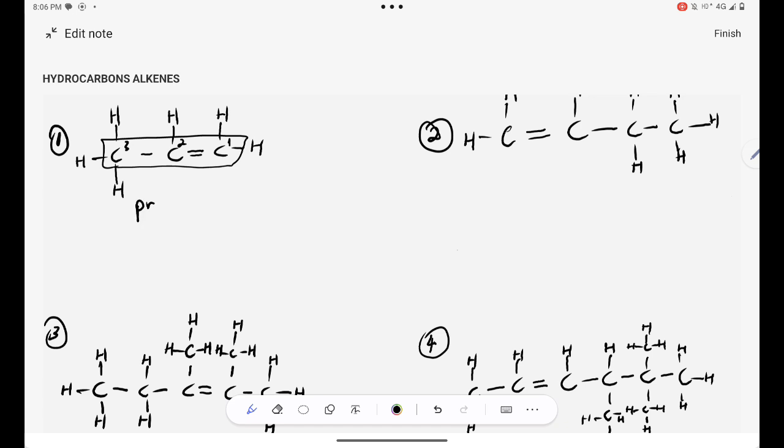So my prefix will be prop, since I have three carbons on my parent chain, and the double bond is between carbon number 1 and 2. So I will always choose the smaller number between the two. So 1 is smaller than 2, and then my suffix will be ene.